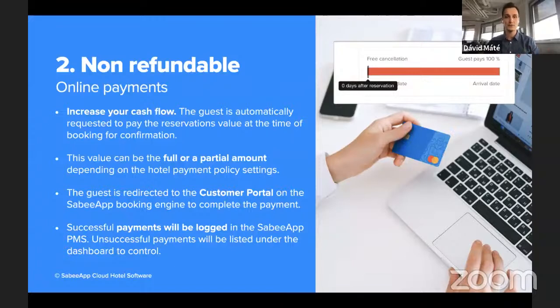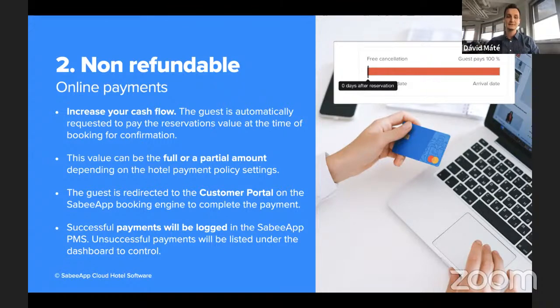That's the whole idea of non-refundable rate plans: we want to sell rooms well in advance, and for these guests we offer a higher discounted rate, but in return we uphold our right to process the charge at the moment of booking. This helps us to sell rooms in advance, and also to increase our cash flow at the time of booking.